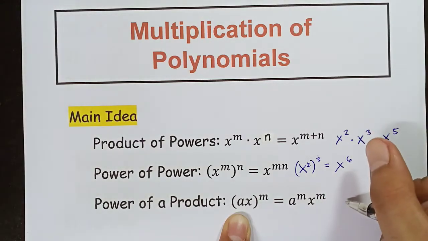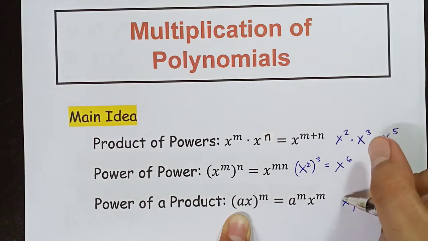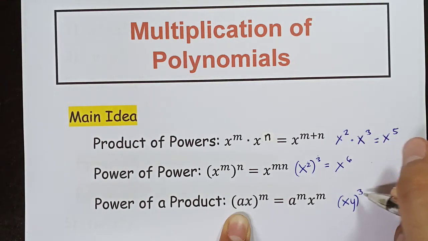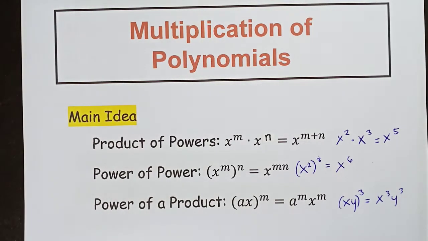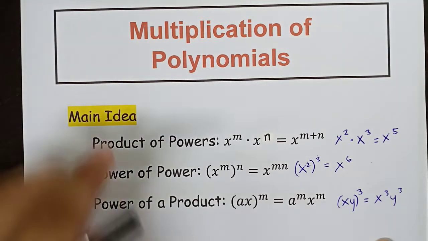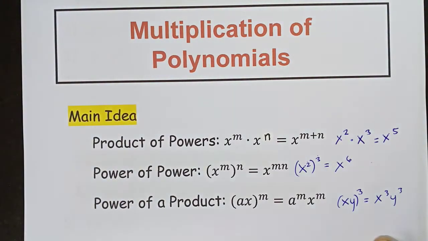For example, let's say we have x and y raised to 3. Magiging x cubed and y cubed. Parang dinistribute lang natin yung exponent. So let's have more examples about this main idea.